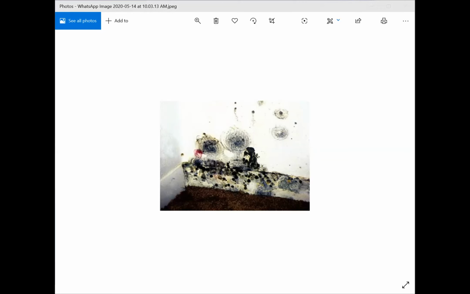The only thing we can do is turn on the air conditioner in dry mode, or turn on the dehumidifier, and avoid creating a humid environment. We must try to create a dry environment. If we have a dry environment, the mold cannot live in it.